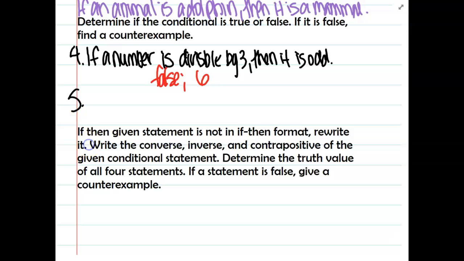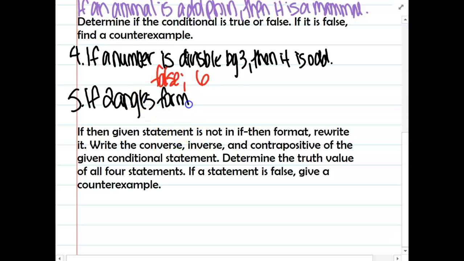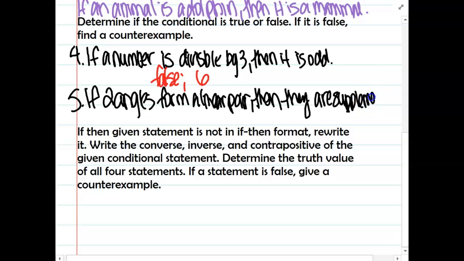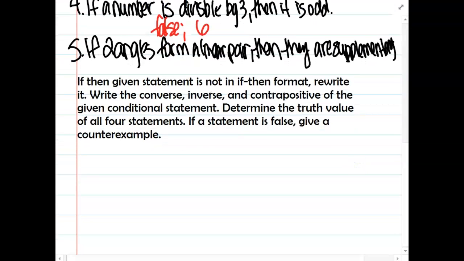Number 5. If 2 angles form a linear pair, then they are supplementary.